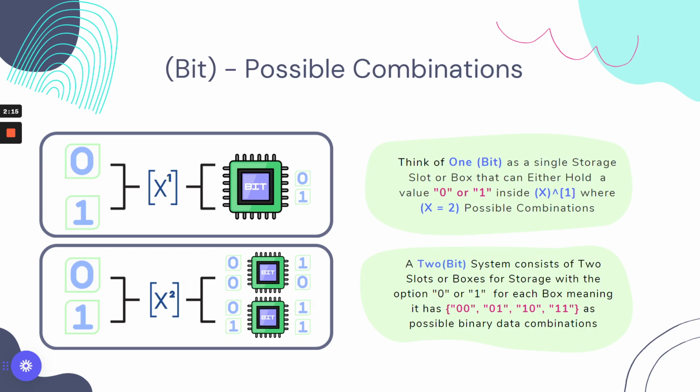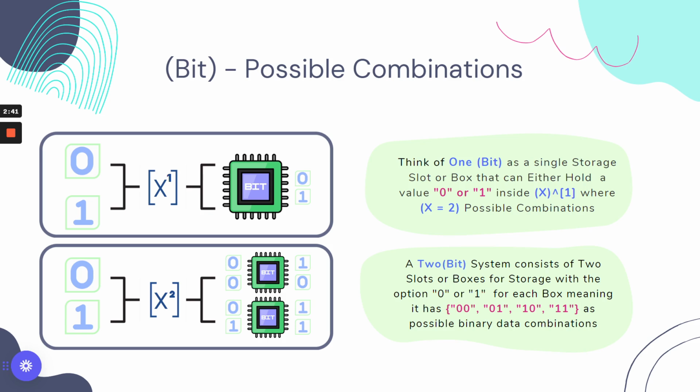Here are the possible combinations for a binary digit or bit. Think of a 1-bit system as a single storage slot or box that can hold either a value of 0 or 1 inside of it, where there are only 2 possible values that can be stored in each slot.